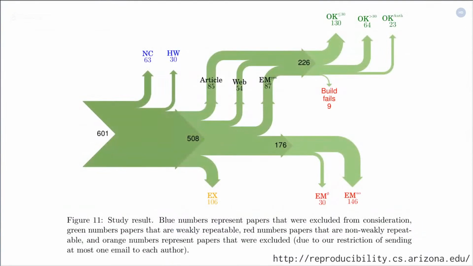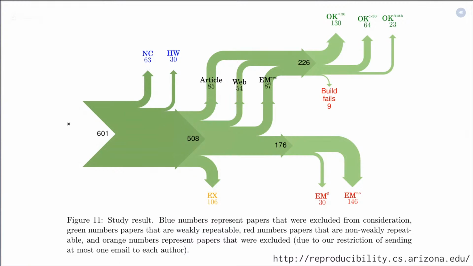This is a paper from a few years back, but I'm pretty sure the conclusions still pretty much hold. The authors took a number of papers from high-profile conferences, 601 papers, which we see on the left side. And from there, they just tried to get the code that the paper is talking about and to compile and run the code.